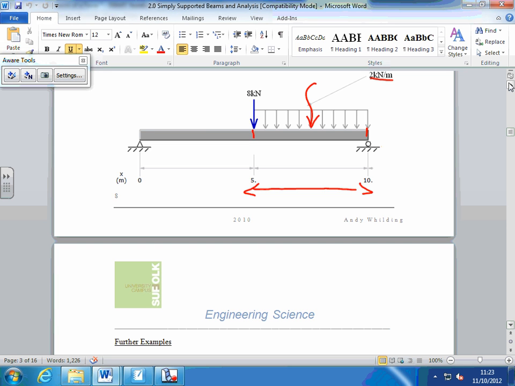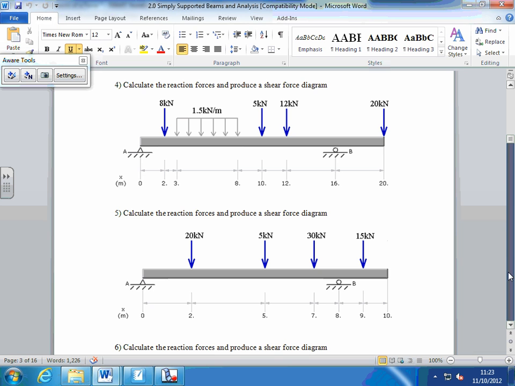Right? I'm going to give you a block of time now to work through them. There's quite a few. Look, 4, 5, 6. There's another sheet with combinations of point forces and UDLs. Work out the reaction force at every stage. When you get to the next page, we'll look at these, but think about what effect this has.